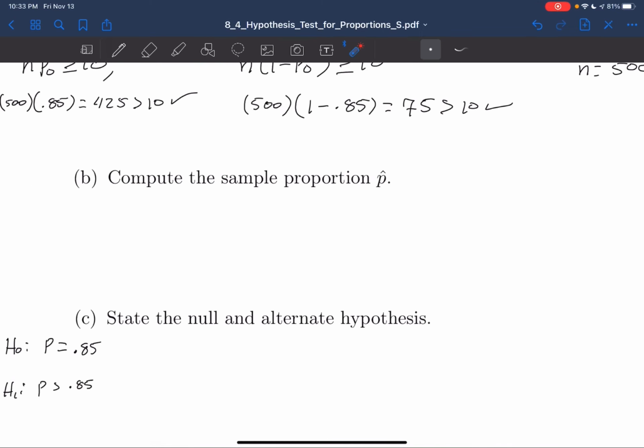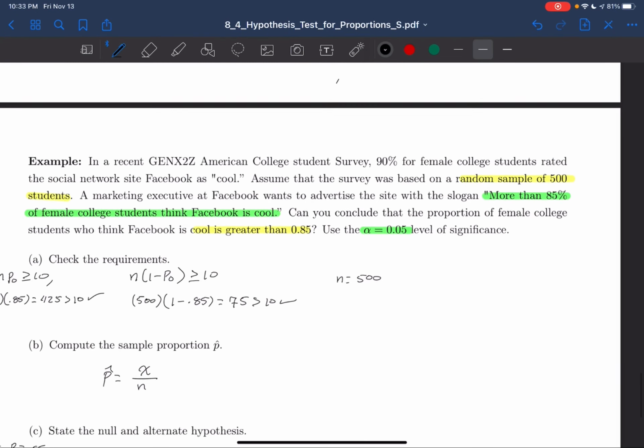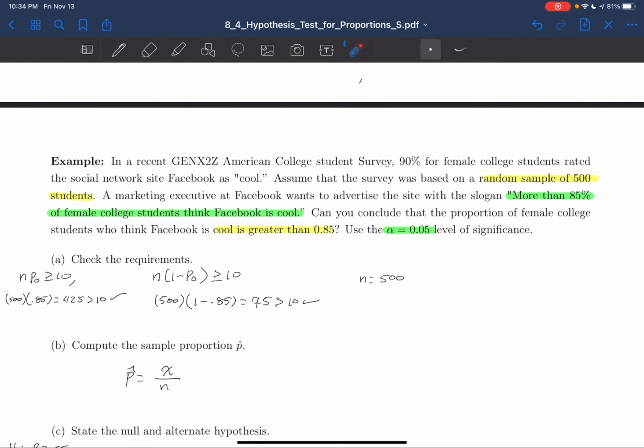First, we want to compute our sample proportion, our p hat. If you remember, p hat is x over n. Well, if you look back at the question, they say that in this random sample, they already surveyed 500 students, and 90% of the female college students rated the social network Facebook as cool.